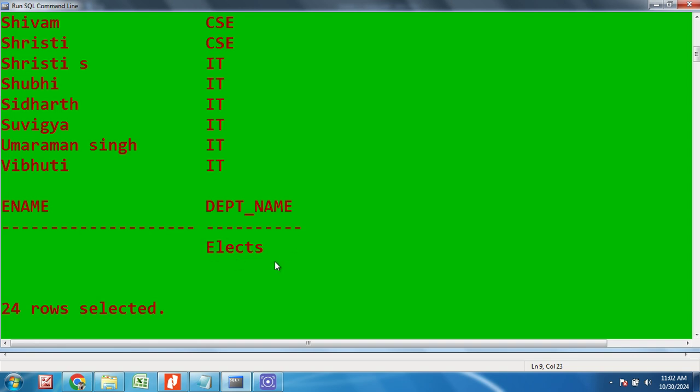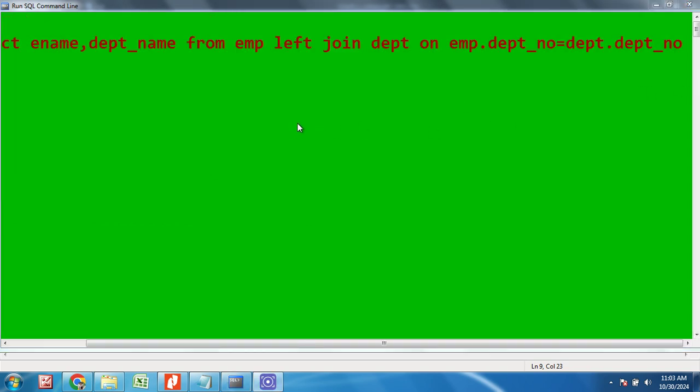So we can see electronics also. So here we can see the non-matching values from both the tables, as well as the matching values also. So this is an example of full outer join.